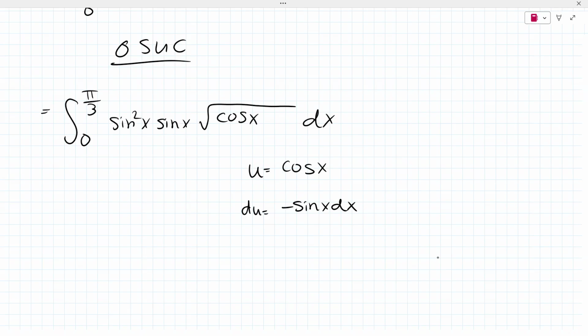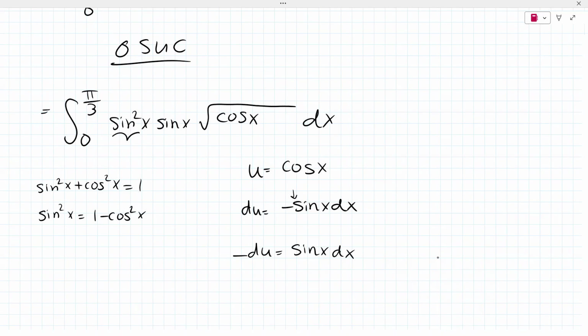I don't have this minus here, so I'm going to multiply both sides. Okay, then we can replace sine squared of x using one of your trig Pythagorean identities, right? So sine squared of x equals 1 minus cosine squared of x.